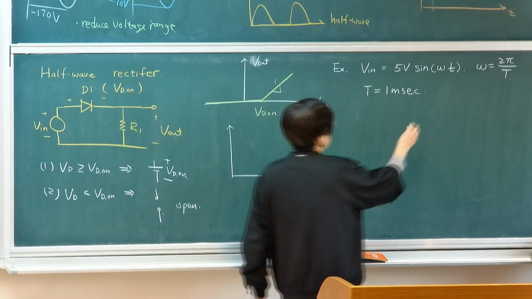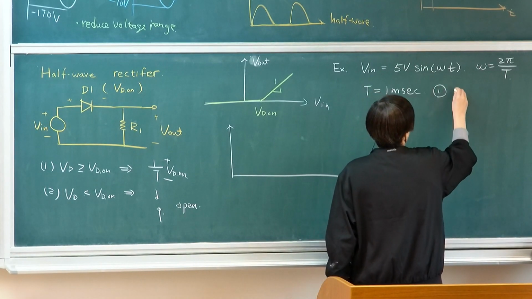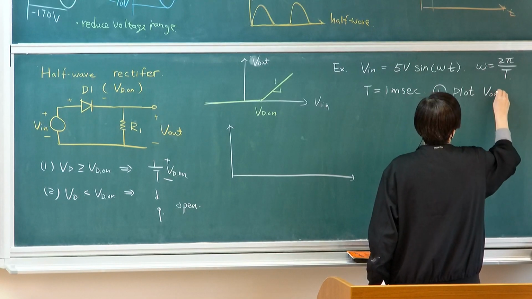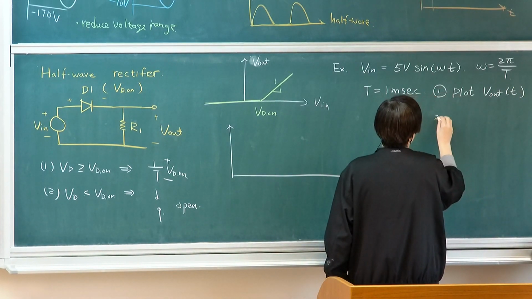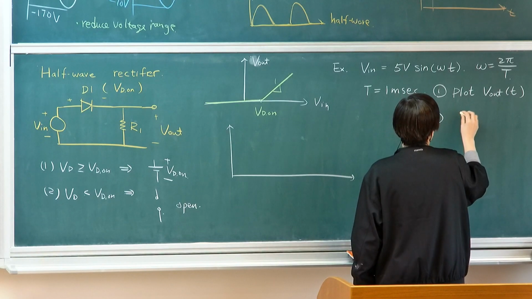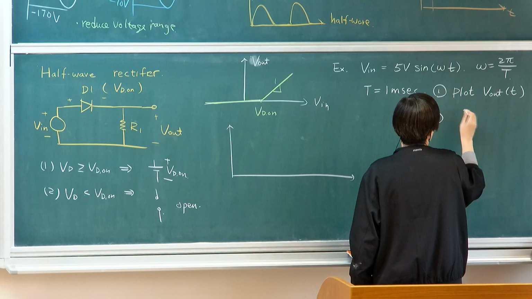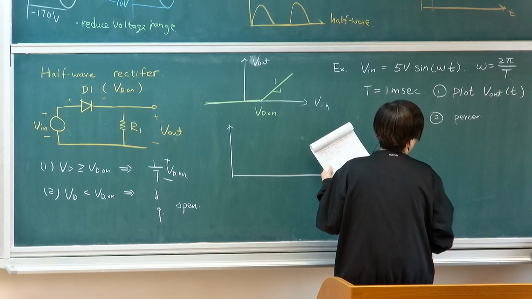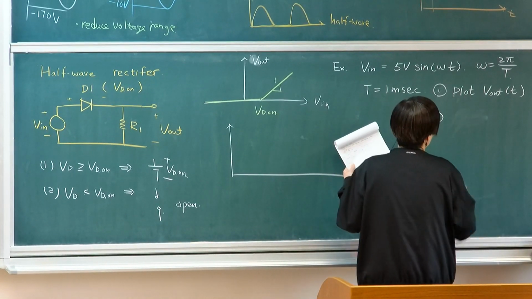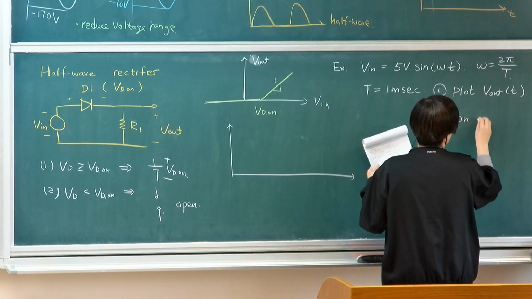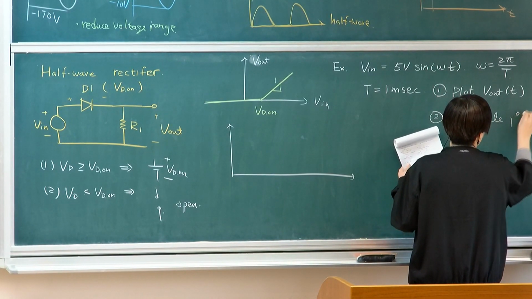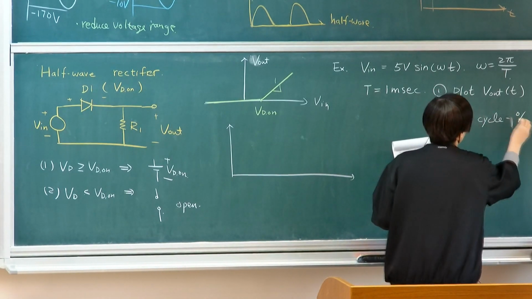So I ask you to, first of all, find a plot of VL as a function of time, of course. And then, of course, the other thing is the percentage. I don't know whether this is defined well.